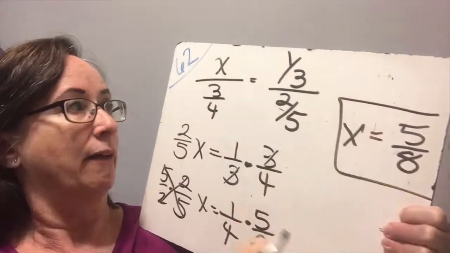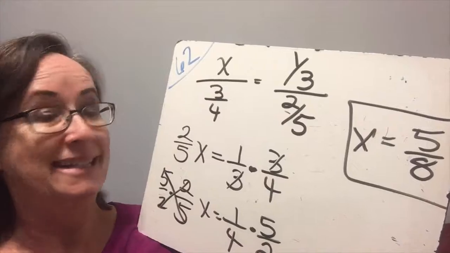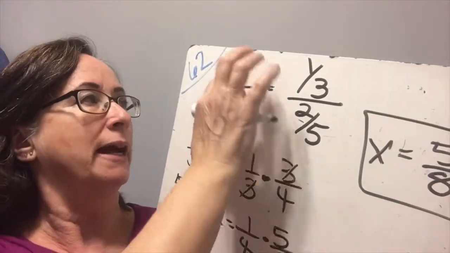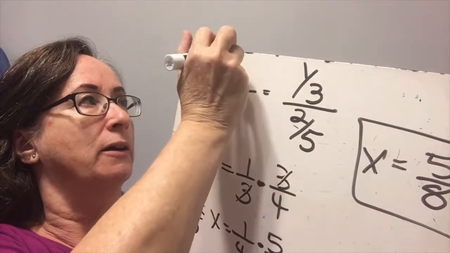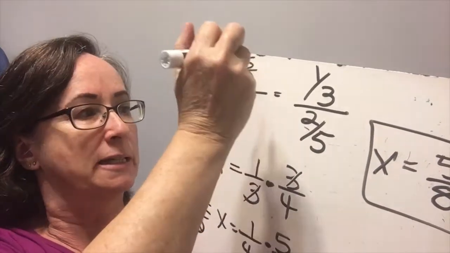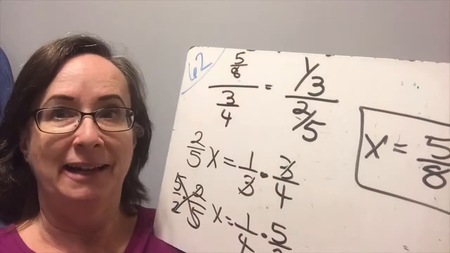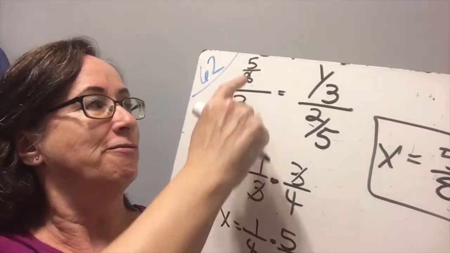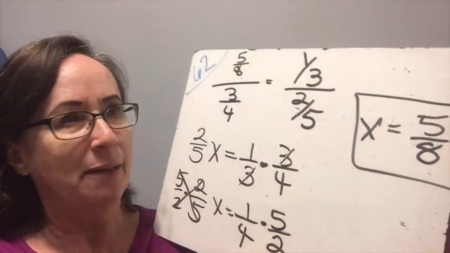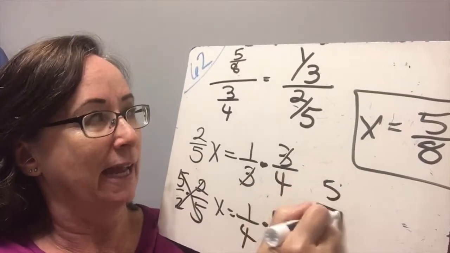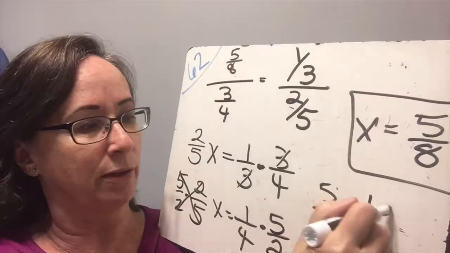5/8. Okay, so let's go back and see if we got it right. So I could cross multiply again, or I could just simplify each side and see if we get the same thing. So 5/8 divided by 3/4 is the same thing as 5/8 times 4/3.